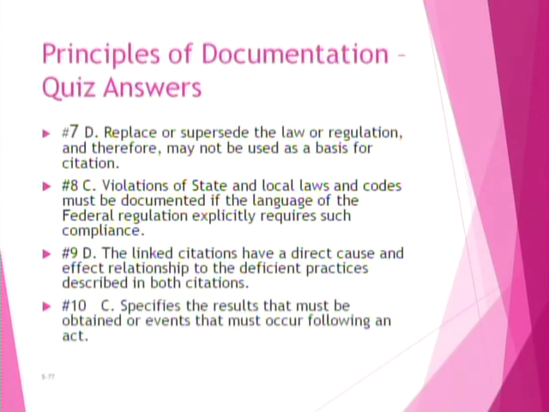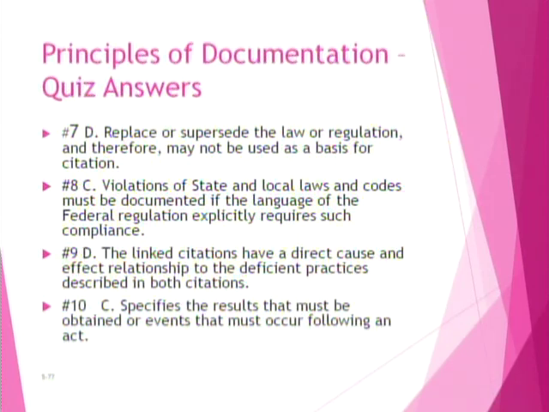Question number 8. The correct response is C. Violations of state and local laws and codes must be documented if the language of the federal regulation explicitly requires such compliance. Question 9. The correct response is D. The linked citations have a direct cause and effect relationship to the deficient practices described in both citations.